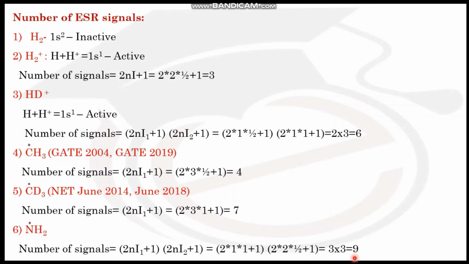With Pascal triangle it is easy to find the intensity ratio, but for non-Pascal triangle it is quite difficult. So that intensity related topic, and how to solve the non-Pascal triangle, I will cover in another video. Then you can do any questions from this section. Okay, now we just have to find the number of signals, that much only.